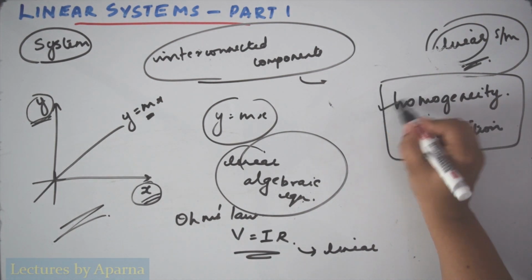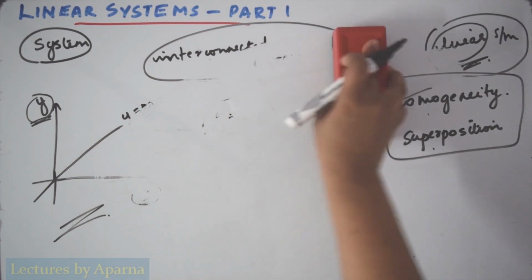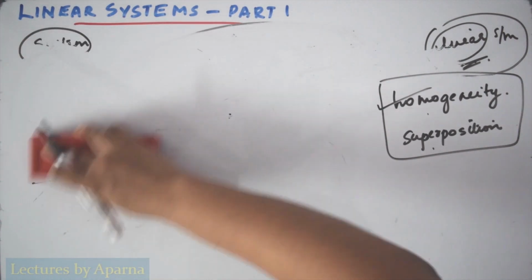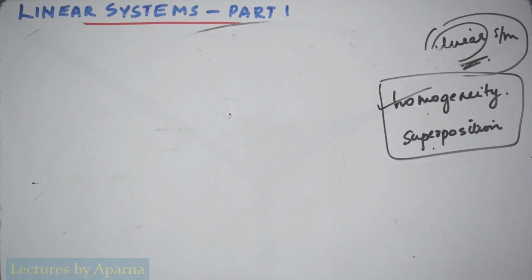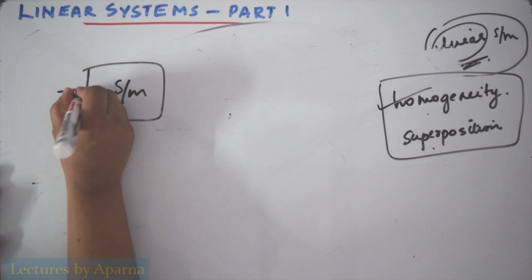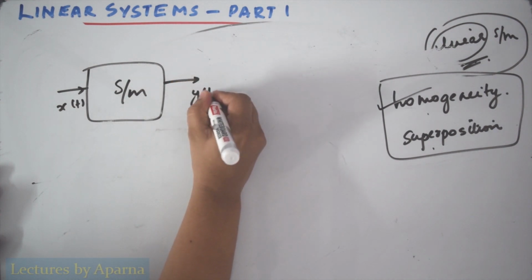First let's consider the homogeneity property. Suppose I have an input x of t and a corresponding output y of t to a system. If we give an input x of t, we get a corresponding output of y of t.